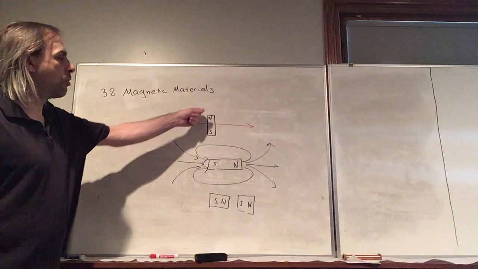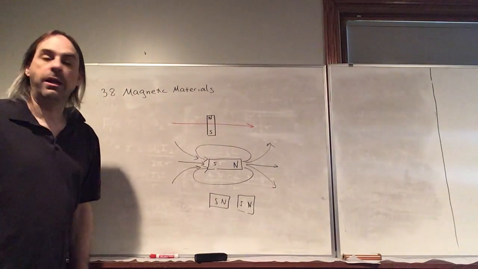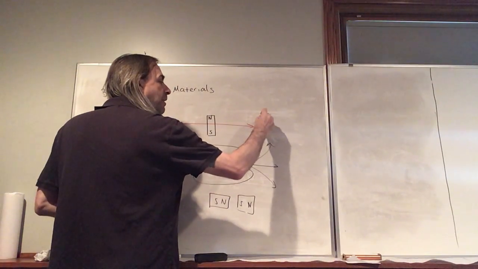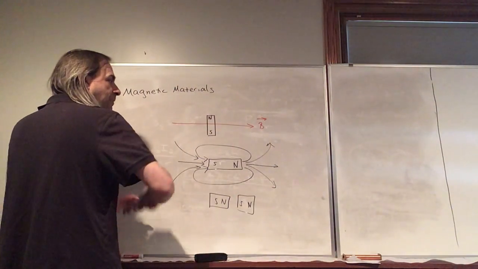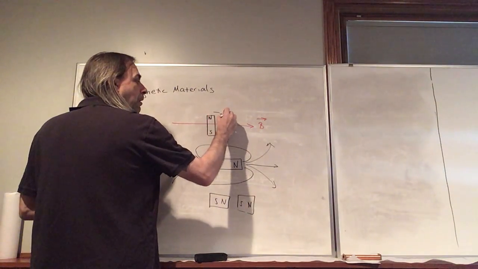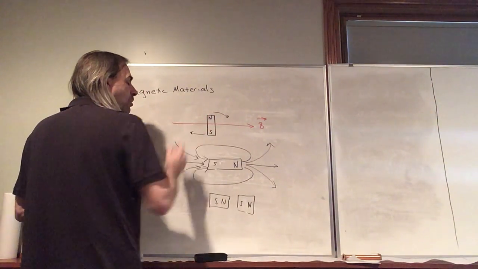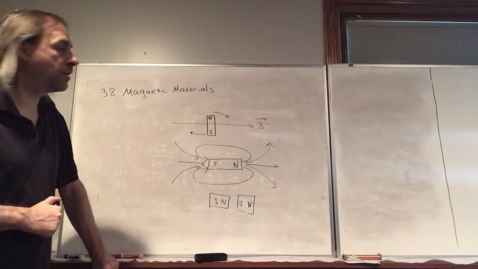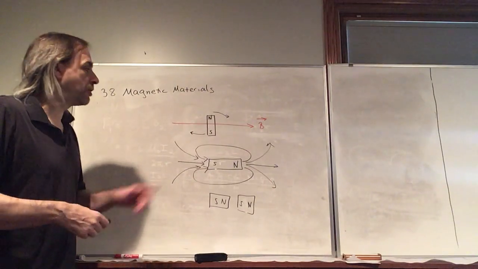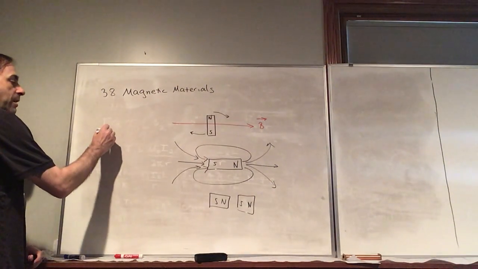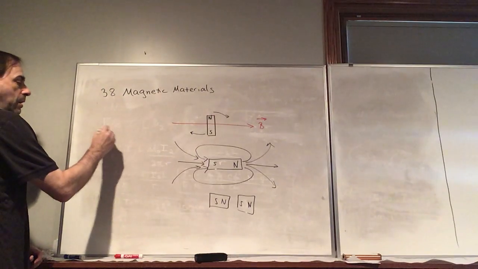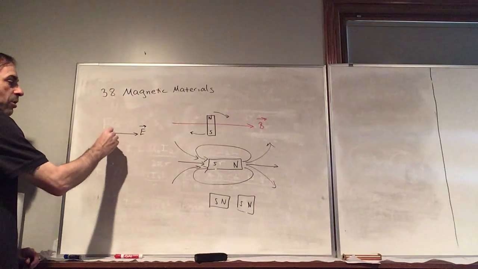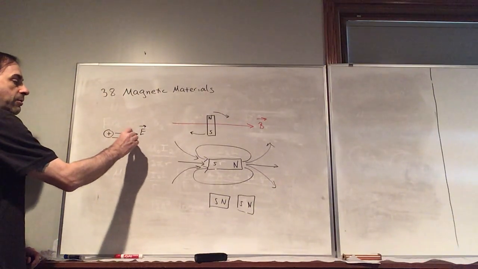But again, if you think of a north pole as a positive magnetic charge, and here's our magnetic field, the forces will cause this bar magnet to rotate and line up with the magnetic field. Just like if you have a positive charge in an electric field, say this is the electric field, the force on a positive charge is going to be in the same direction as the electric field.